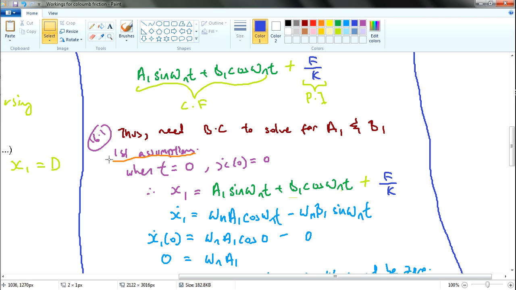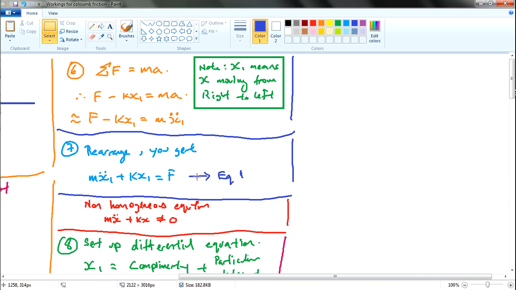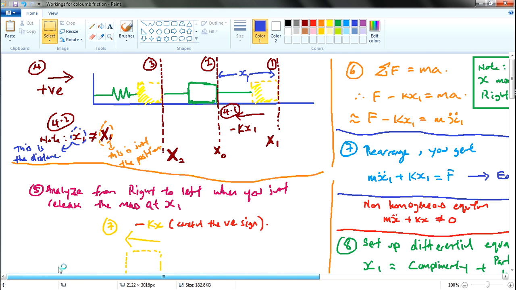The first assumption is that when t equals 0, x dot equals 0. When time is 0, just before you release, you have pulled and reached x1. Before you release is actually t equals 0.